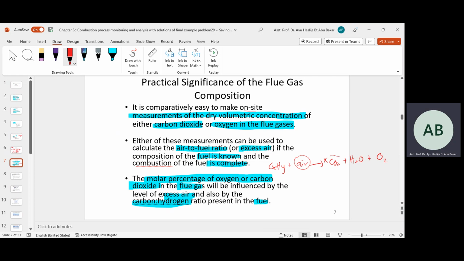So this CO2 and O2 is influenced by your fuel. The amount of air required is also influenced by the fuel, because for the air required, you need to calculate the A, right? So this A again refers back to the fuel.